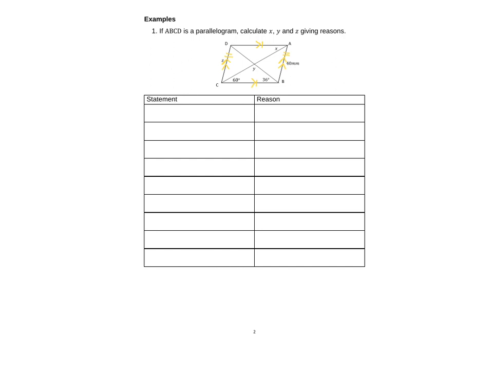So the first thing I can go about is saying, yes, x is equal to 60 degrees because AD is parallel to CB, and they form a pair of alternate angles.